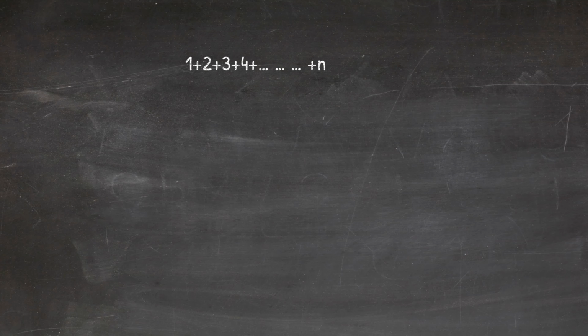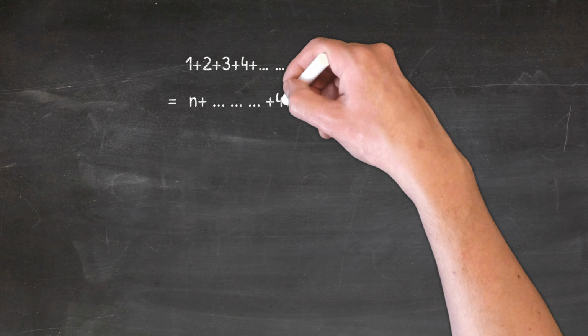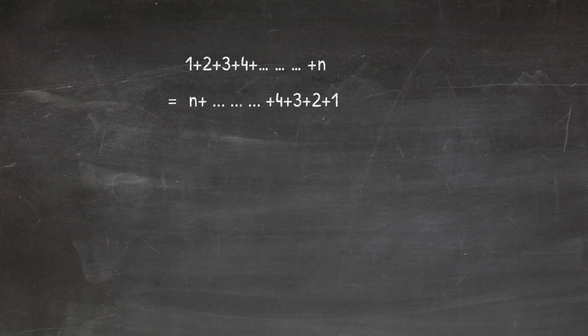Instead of writing 1 plus 2 plus 3 plus 4 plus up to n, we can just rewrite them as n plus go down to 4 plus 3 plus 2 plus 1. That is, I can write the numbers backward without changing the content of the series.